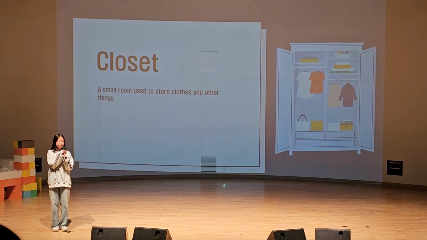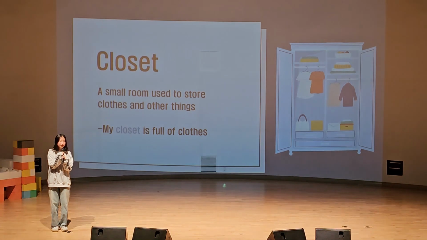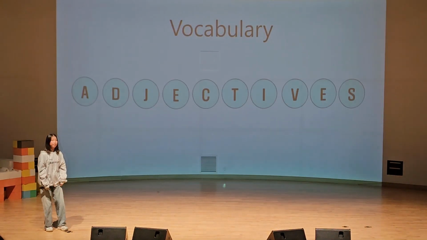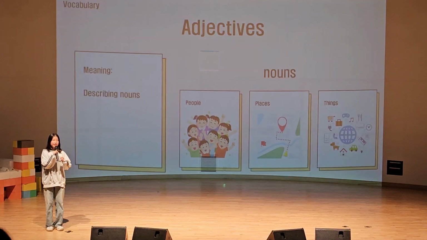Lastly, we have closet. A closet is a small room used to store clothes and other things. For example, my closet is full of clothes. Now let's discuss adjectives. Adjectives describe nouns.